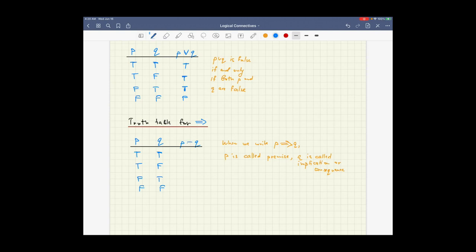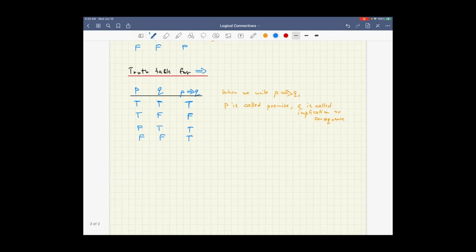So when we write P implies Q, whenever P, the premise, is false, no matter what Q is, P implies Q will be true. When both are true, P implies Q is also true. And the only situation when P implies Q is false is when P is true and Q is false.